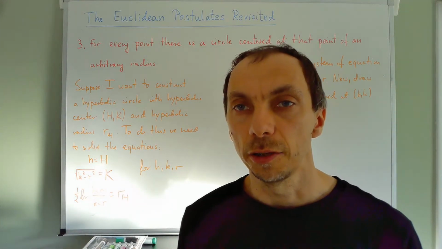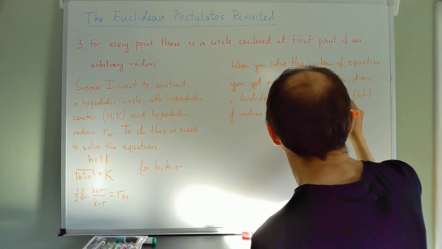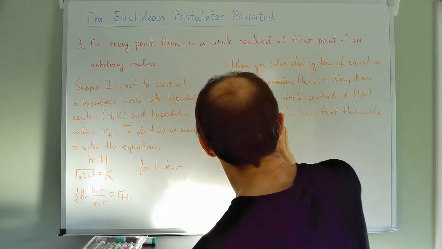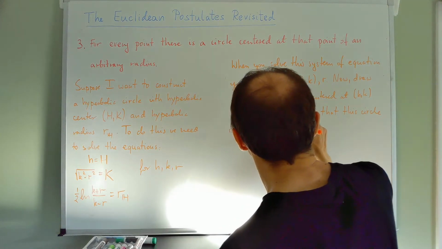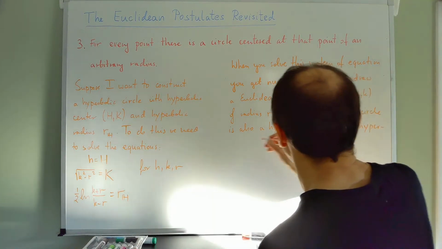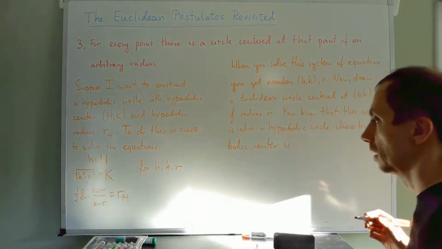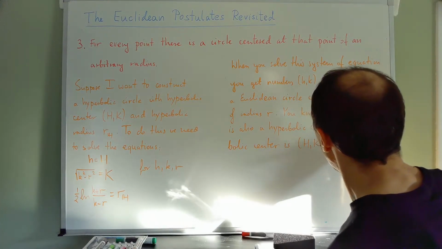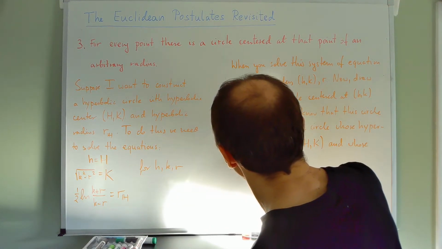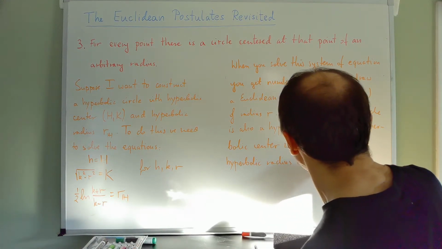And by the calculations we just did, you know that this circle is also a hyperbolic circle whose hyperbolic center is (H, K) and whose hyperbolic radius is R_H.